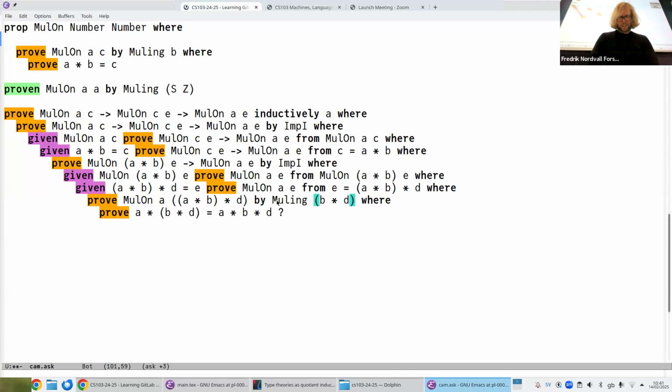Okay. And then again, it looks like I'm kind of happy, except that I'm asked to prove associativity of multiplication, right? Because here I had it bracketed one way, but for the mull-on constructor, I really needed it bracketed the other way, right?